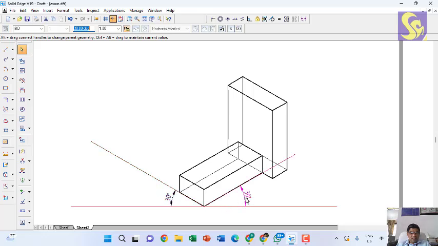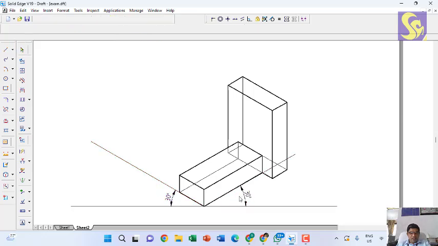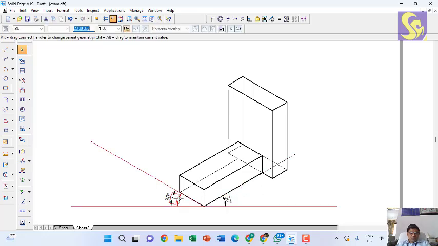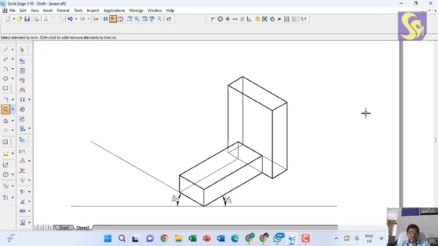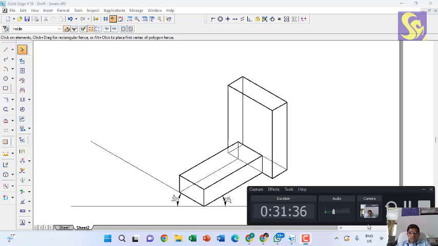I'll only retain the angles of the axis, and I am supposed to keep the lines of construction. I'll keep the construction line as it is. So this is how you can solve problems.